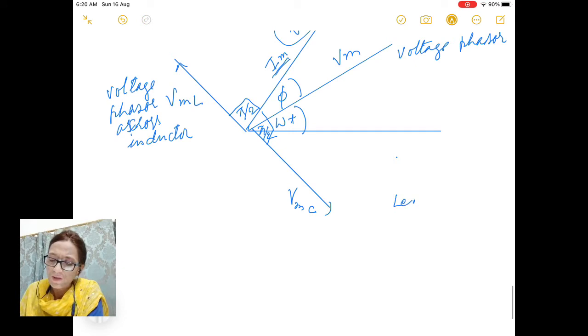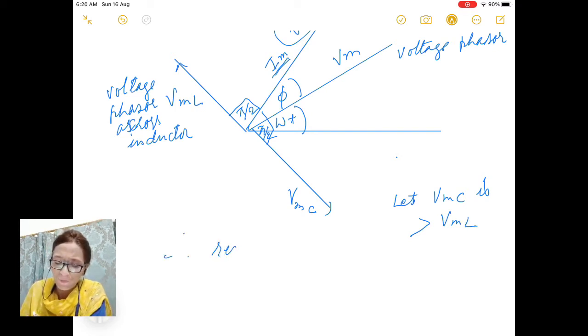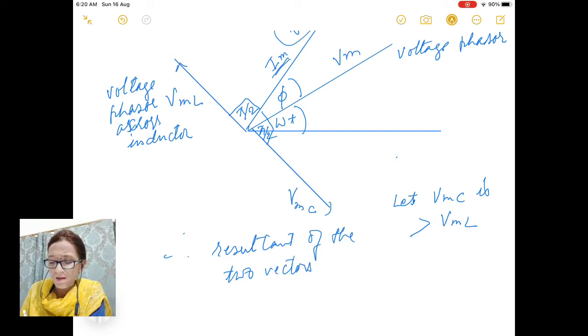So let us suppose that VMC is greater than VML. Therefore, the resultant of the two vectors is given by VMC minus VML.